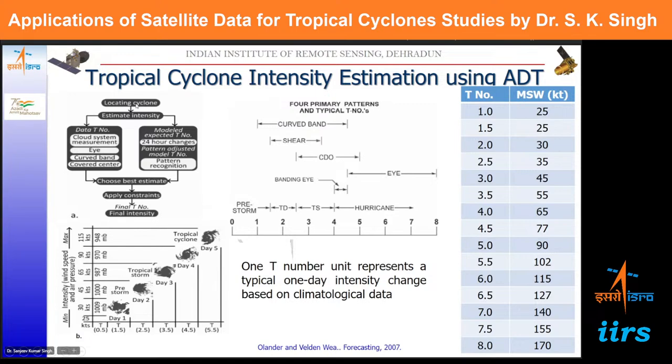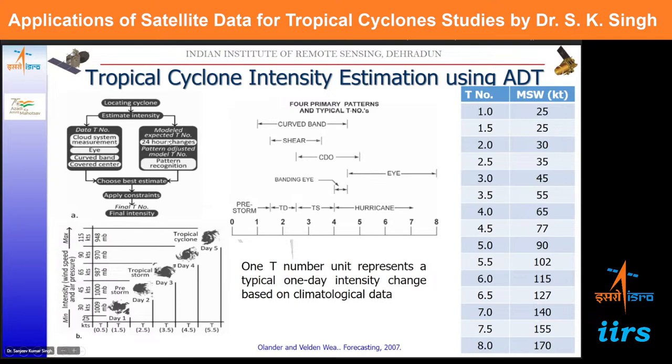Then they selected the cloud pattern and assigned the T number. The T number is basically a unit representing a typical one day intensity change based on climatological data. In the Dvorak technique, this T number varies from 1 to 8 on a scale, in intervals of 0.5.